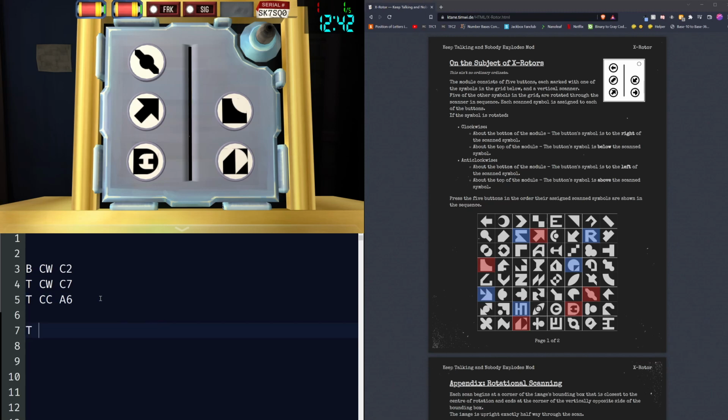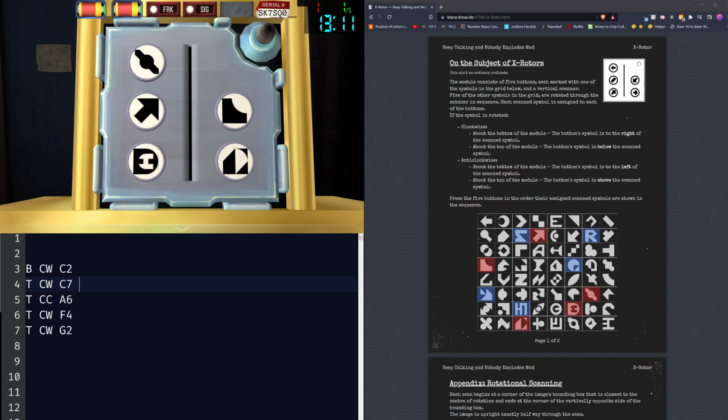And then for the last one we have top clockwise G2. That's number 2. That's rotation 3 right here. And yes, it is top counterclockwise. Top clockwise F4.